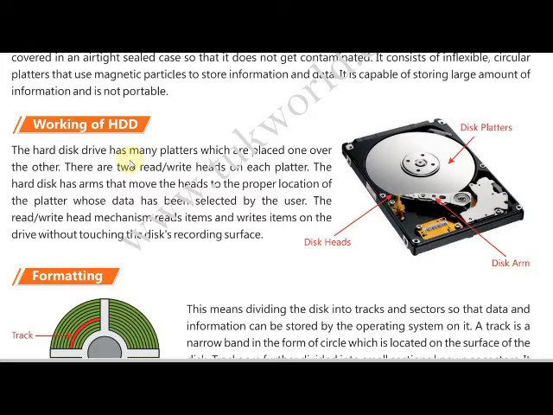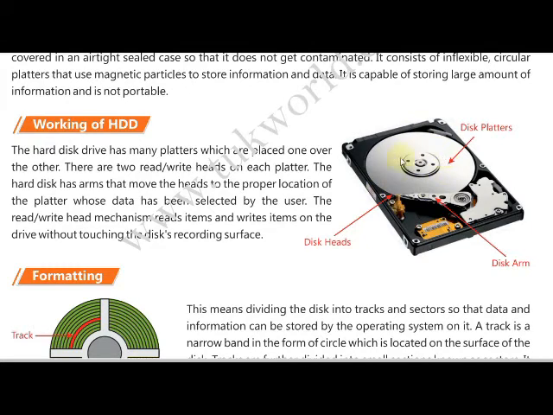Actually when we read or write any information, the computer stores or retrieves that information from the hard disk, but how does it store or write it? Actually when we read or write any information, the disk arm and disk heads play a very important role to write and read information on the disk platters.